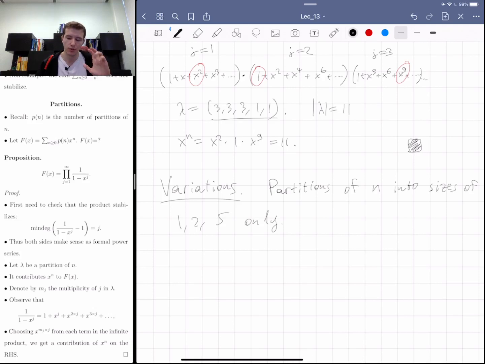So you want to count the number of ways to split n dollars into $1, $2, and $5 bills, even though some of them may not exist.